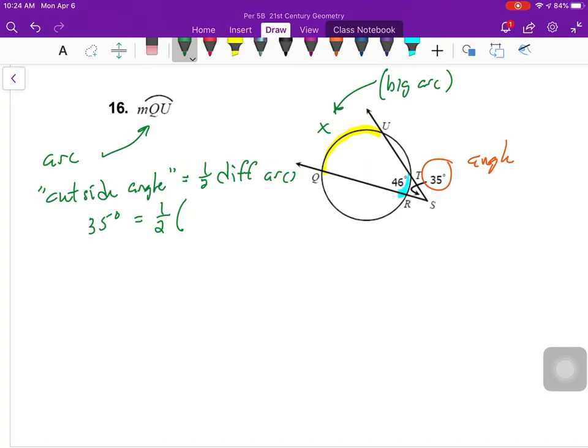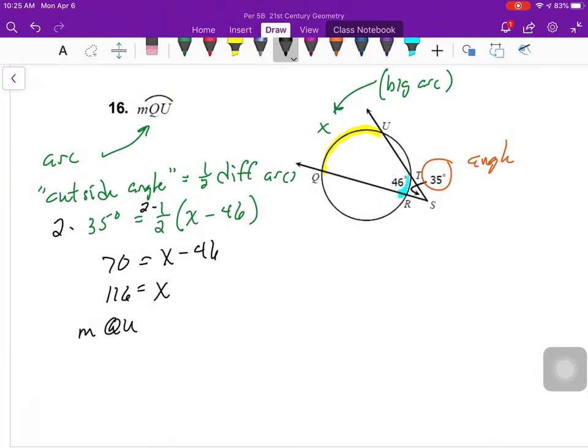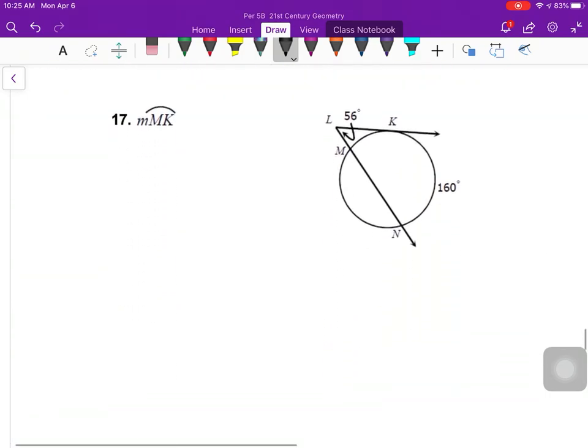So 35 degrees will equal 1/2 big arc minus small arc. Multiply by 2 on both sides. 70 equals x minus 46. We add 46. 116 is equal to our x. So the measure of arc QU is 116.